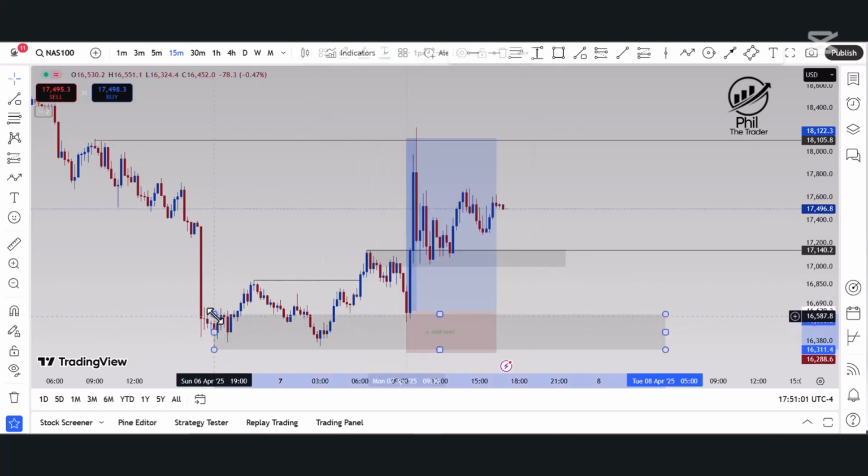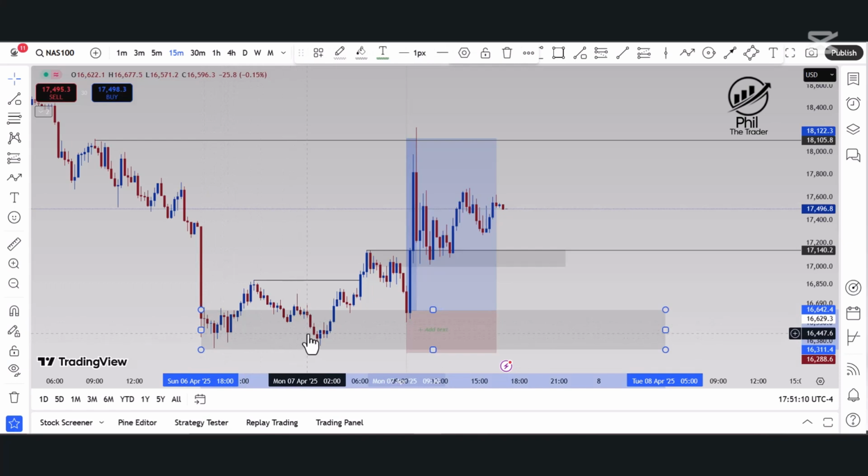Why this area? Someone will ask, why this area? This area is serving as a valid support area, right? Why am I saying valid support area? Price came here for the first time. It came here for the second time, and it went to break of structure.